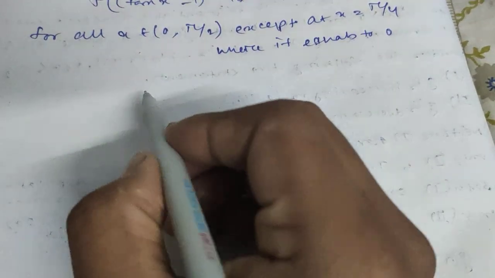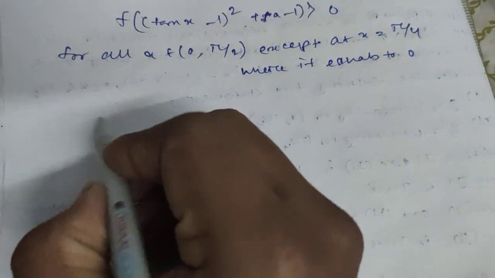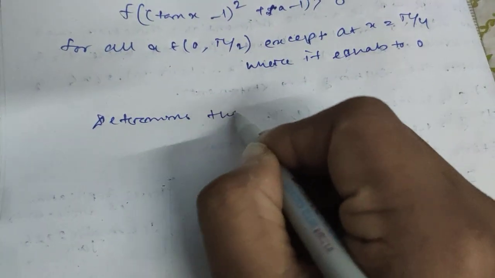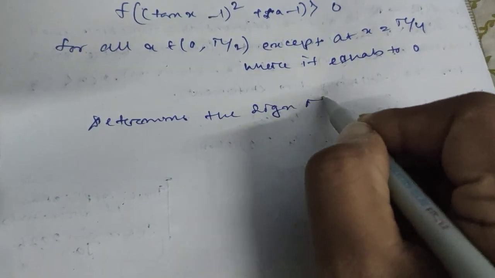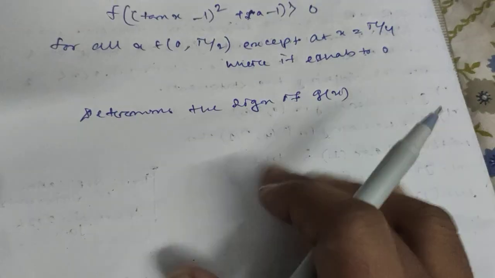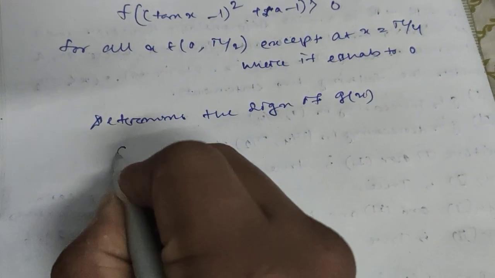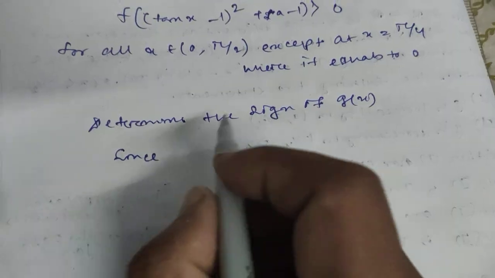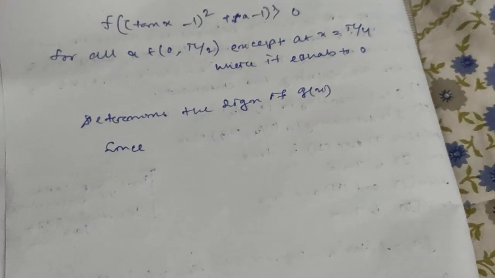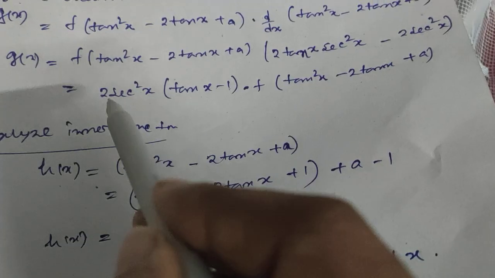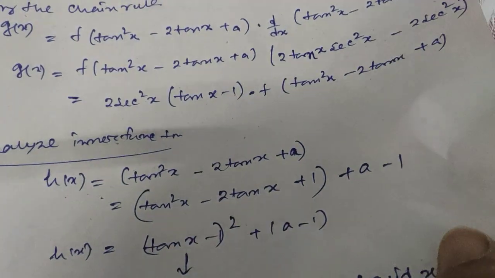So now we will determine the sign of g(x) on this given interval. So since, see, if you imagine this 2 sec square x times tan x minus 1.